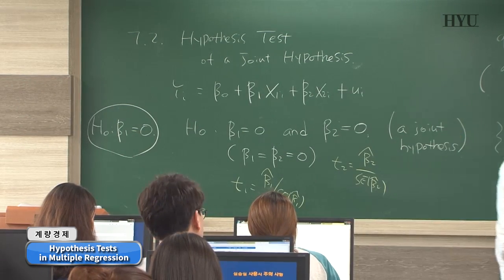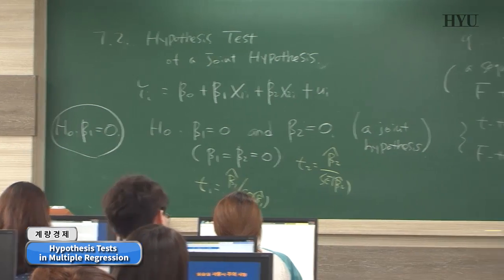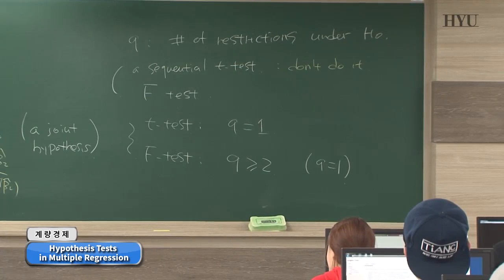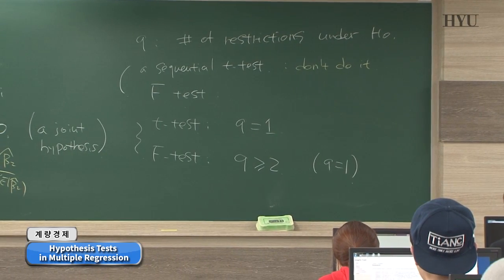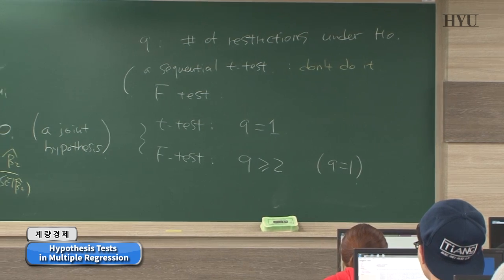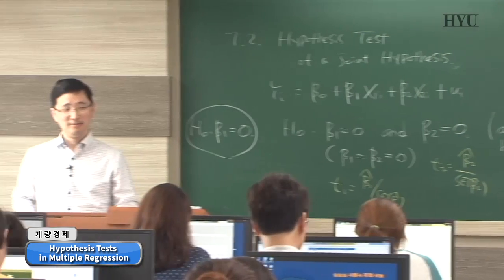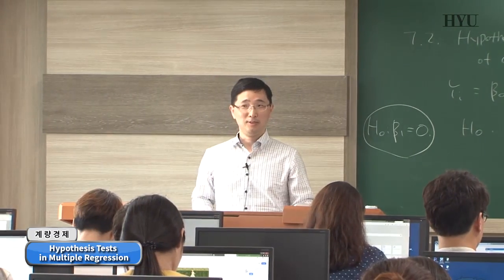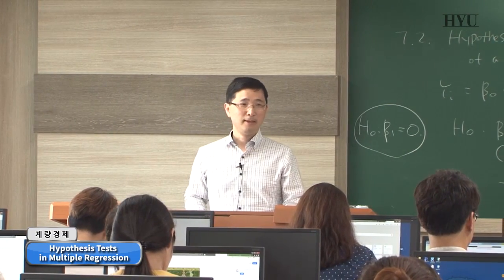So, side note, you can apply an F-test when q is equal to 1, 2. So the F-test can handle any cases. Generalist. The t-test is something like a specialist. Okay?